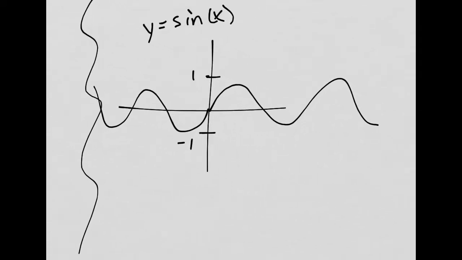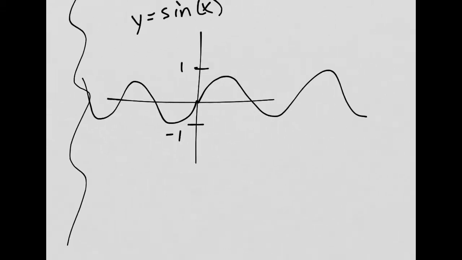It never gets bigger than 1, and never gets smaller than -1. If I plug in a number like 1.5, I get some value. If I plug in 3, I get maybe a negative number out.